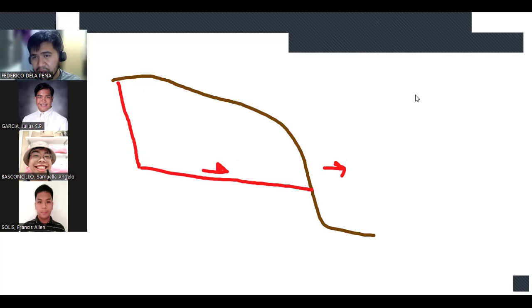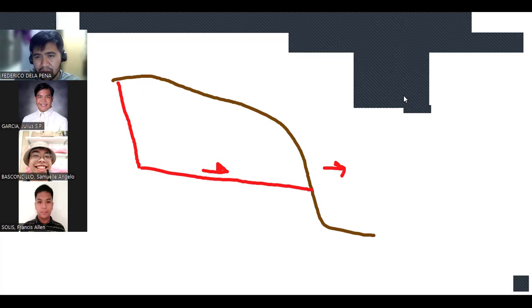Now, if you're gonna go back to your physics lessons, you will remember that you always have friction. You will always have friction existing through any surfaces that are rubbing with each other.